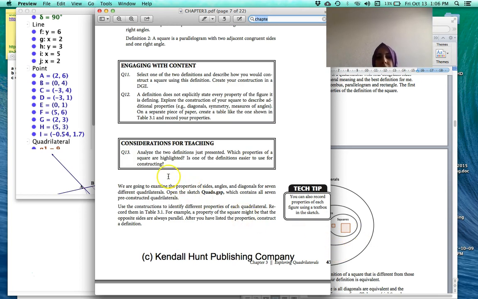Question 13. Analyze the two definitions just presented. Which properties of a square are highlighted? Is one of the definitions easier to use for constructing?